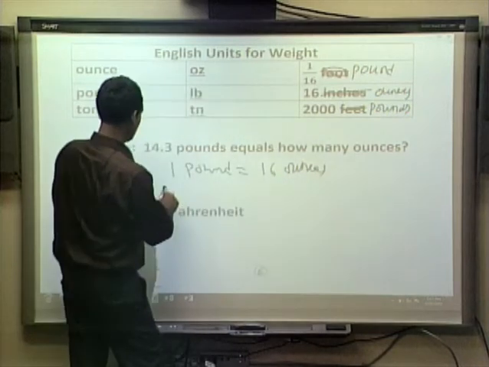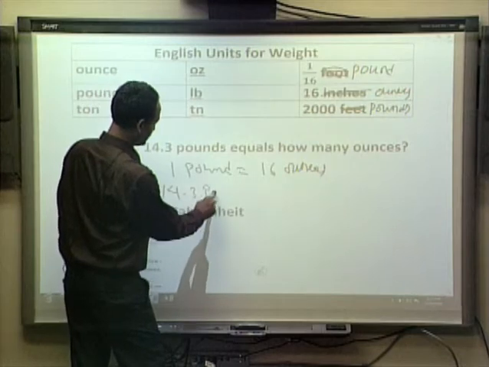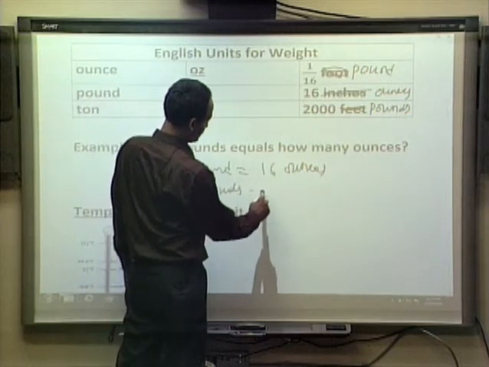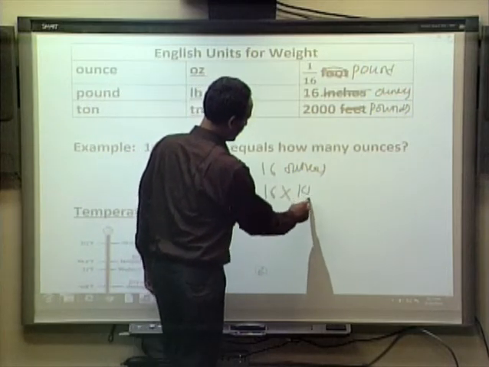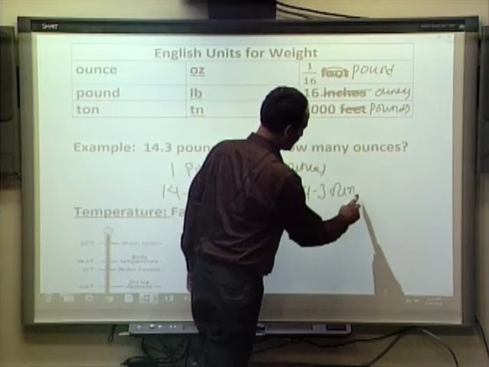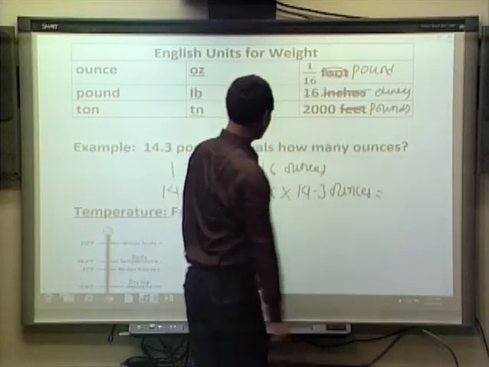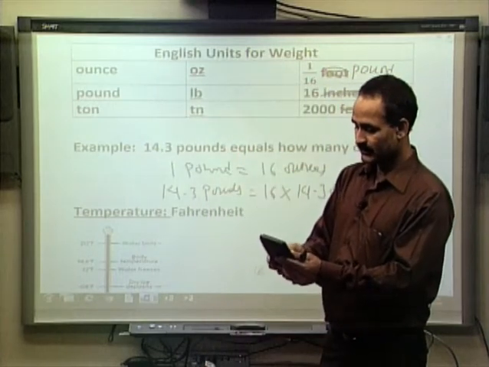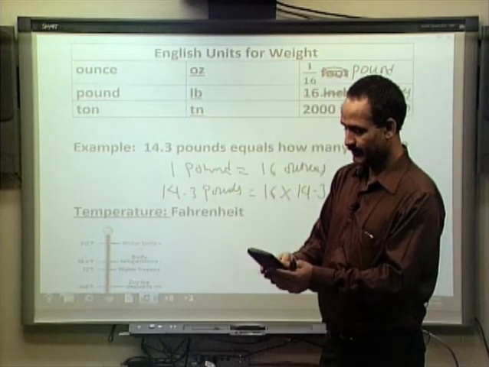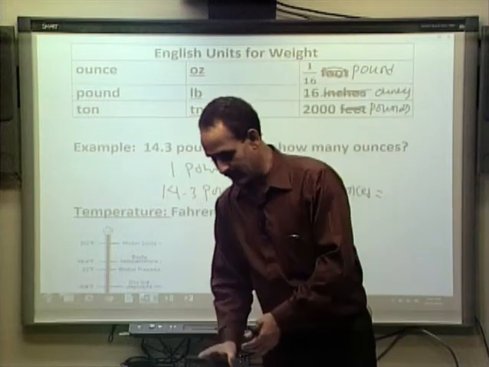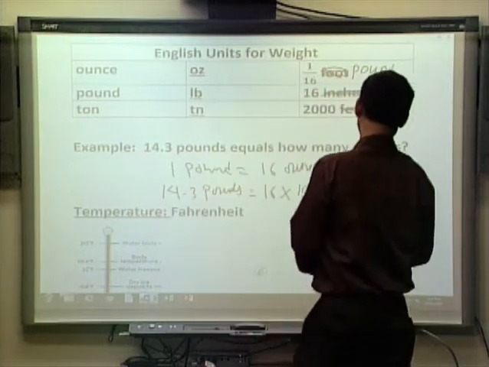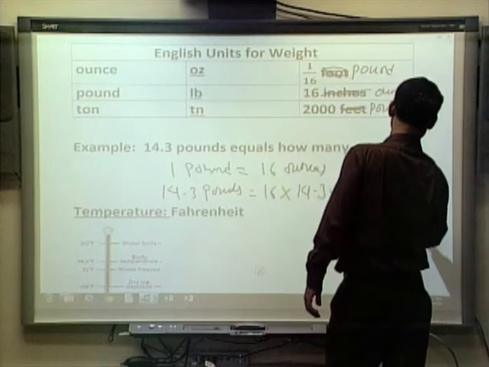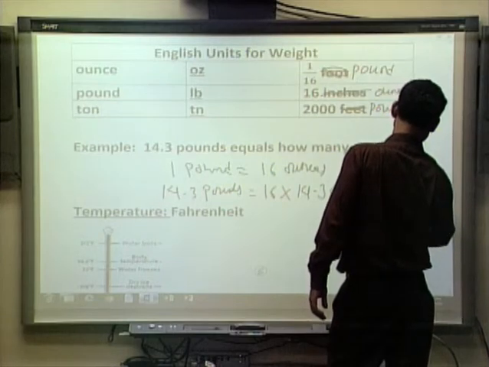That means 14.3 pounds will be equal to 16 times 14.3 ounces. So, 16 times 14.3 that is 228.8 ounces.